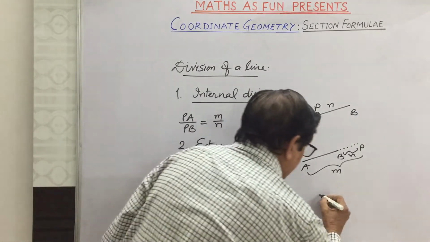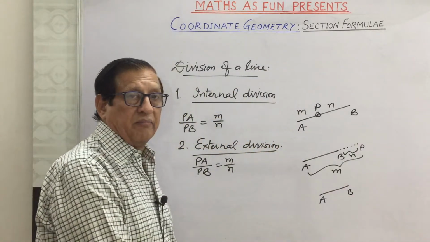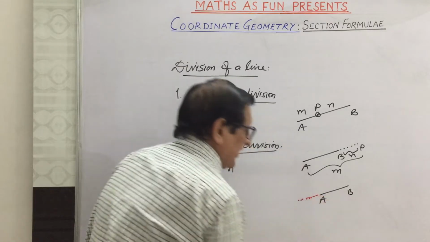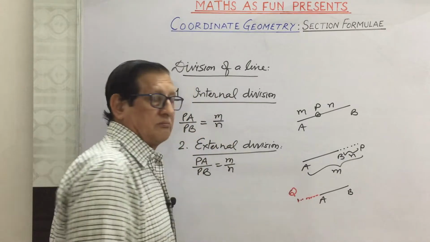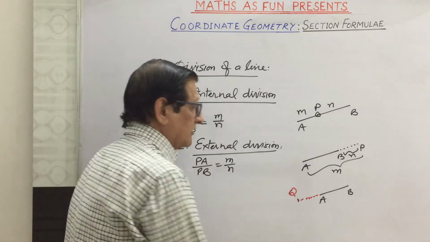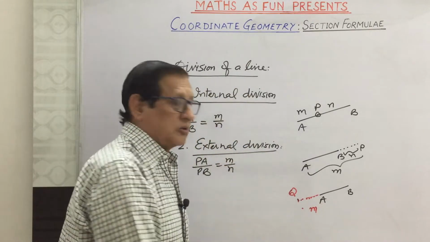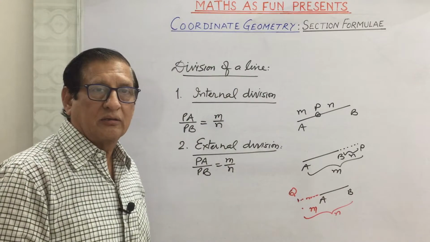Let's see if there is a line AB joining two points A and B and we find the production of this towards A, and there is a point Q such that the ratio of QA to QB is m:n.